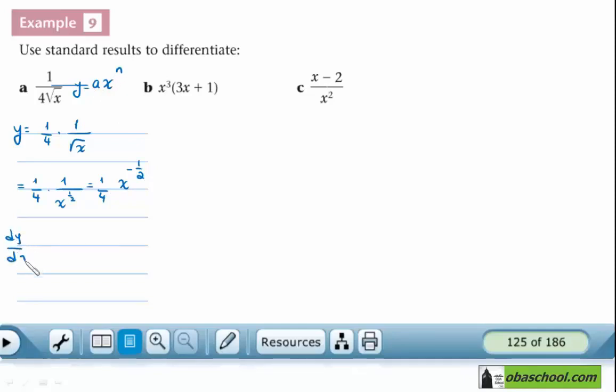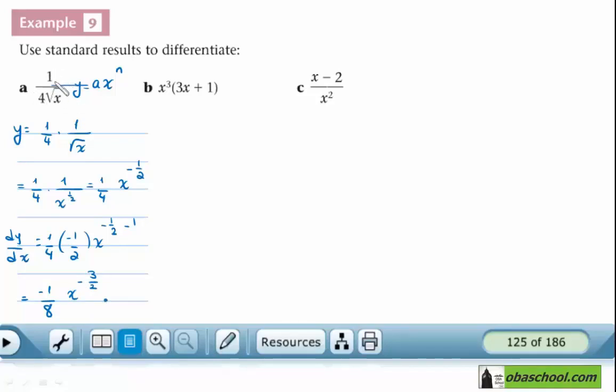Then the answer is 1 over 4 x to the power minus half. Now this is easy to differentiate. dy by dx will be 1 over 4 multiplied by n, that is minus 1 over 2, multiplied by x to the power minus half minus 1. This is equal to minus 1 over 8 multiplied by x to the power minus 3 over 2.